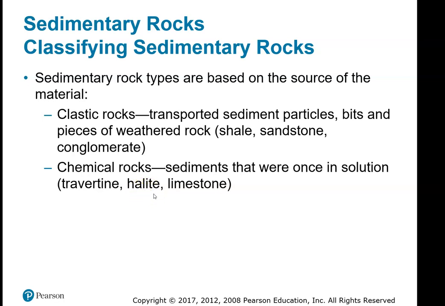The mineral halite. Limestone comes from what's called calcite, right? So calcite is carbon and calcium, calcium carbonate. A lot of limestone comes from living creatures that use the calcium carbonate in their biological functions, like making shells, for example.